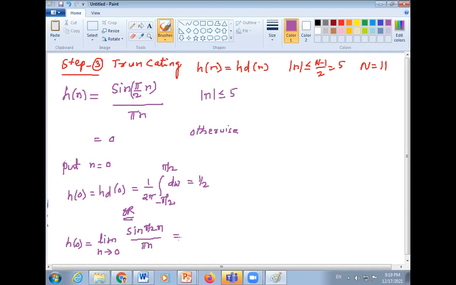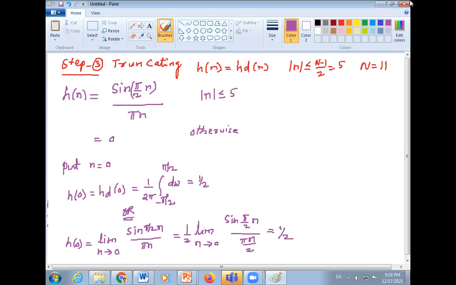This can be written as 1 by 2 limit n tends to 0 of sine of pi n by 2 divided by pi n by 2, as we need the form sine theta by theta, which is equal to 1 by 2.